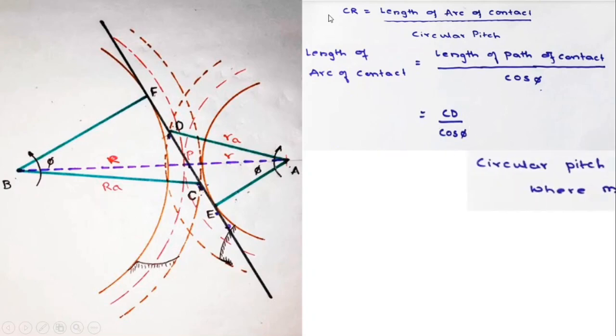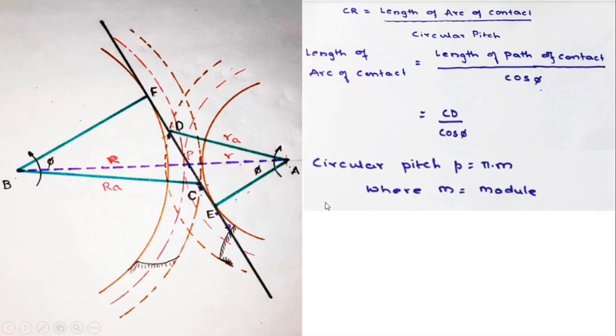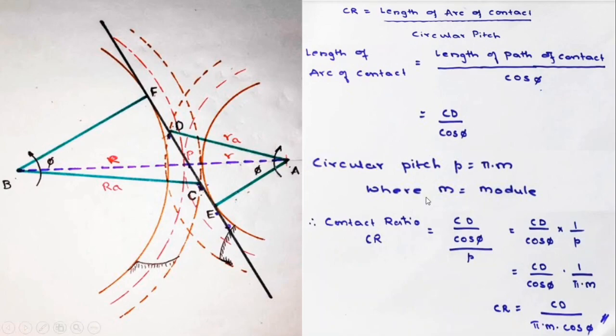Now the circular pitch, we have seen, is denoted as small p, that is pi into m, where m is nothing but the module. This p will be substituted in the denominator for the contact ratio. Thus the contact ratio CR will be equal to CD upon cos phi upon p.